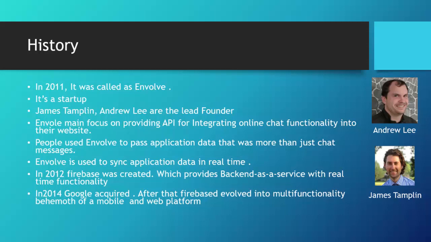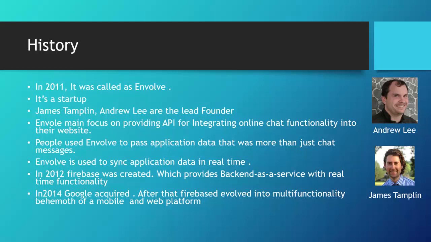You can see their pictures on the right side of this slide. What did Envolve basically do? Its main focus was creating APIs for online chat applications. This is not about chatbots. They were web-based online chat applications, something like chat for customer care services. For this purpose, they created Envolve.